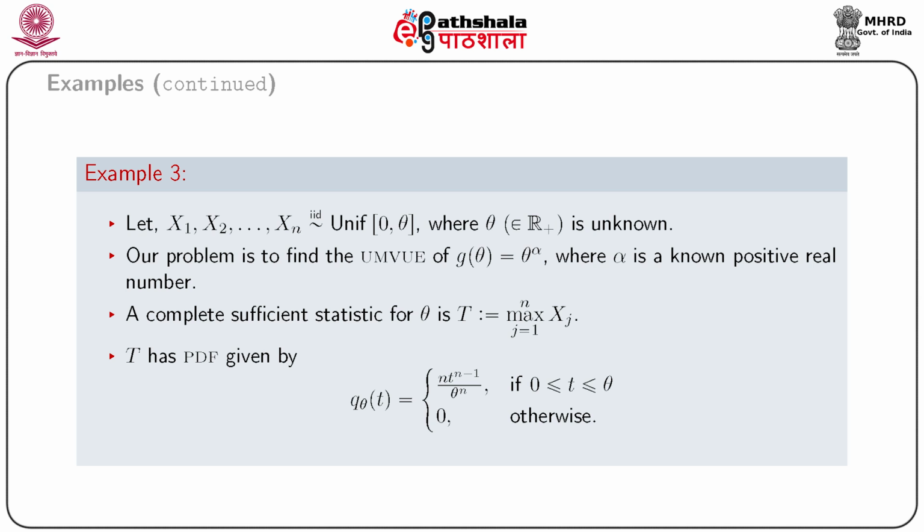The complete sufficient statistic for theta is capital T, which equals the maximum of X1, X2, up to Xn. The PDF of T is given by f(t) equals n by theta to the power n into t to the power n minus 1, where t lies between 0 and theta.